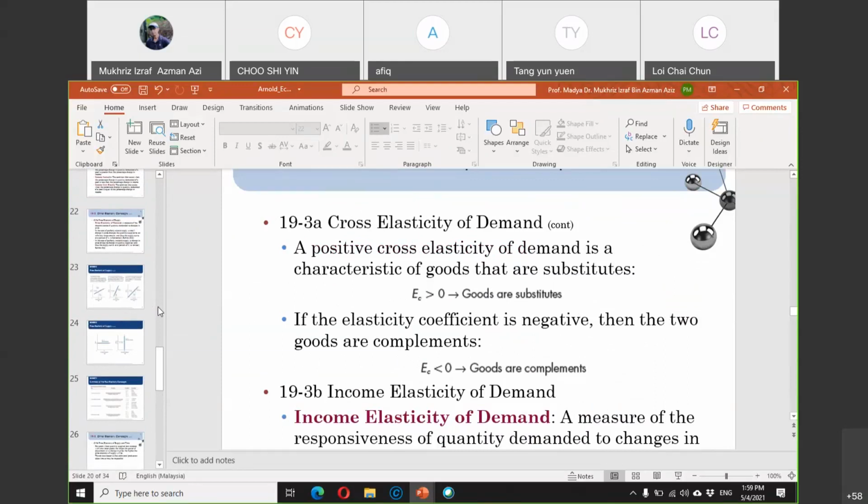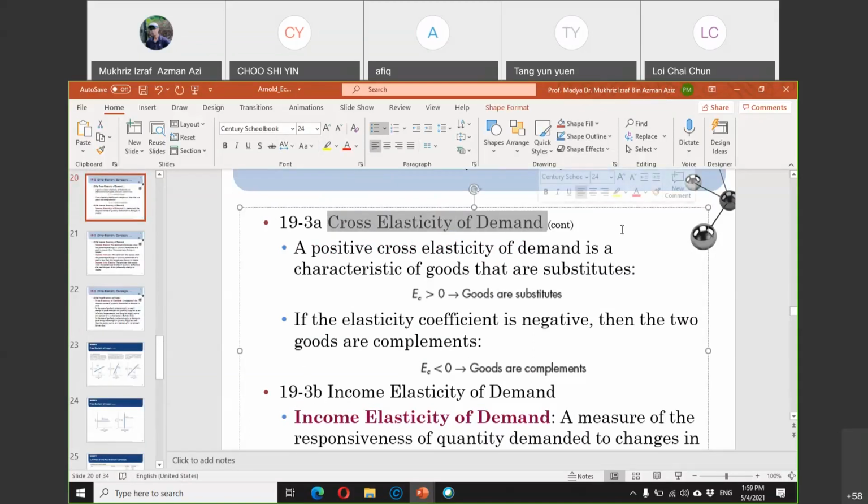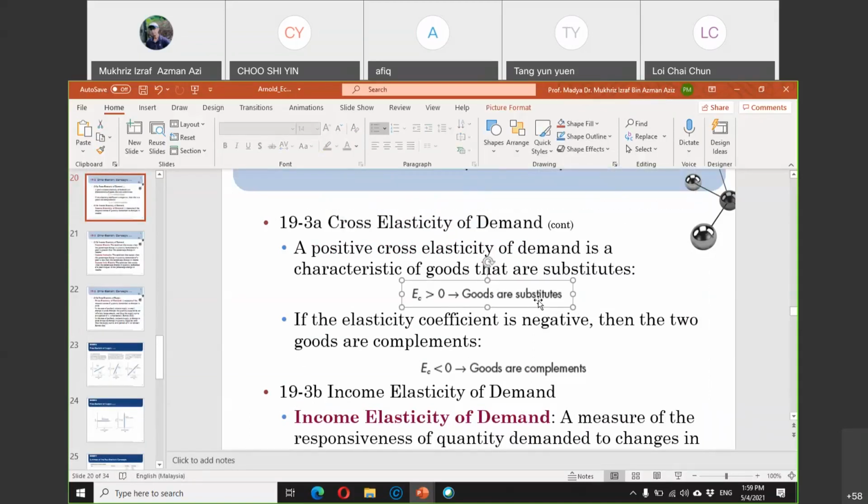So next Thursday, we're going to cover cross elasticity of demand, which basically focuses on complements and substitutes. We already discussed this. Substitutes are barangan pengganti, goods that serve the same purpose. Different brands but the same purpose, like smartphone brands. Complements are goods that must be used together. So how do you calculate cross elasticity of demand for substitutes and complements?